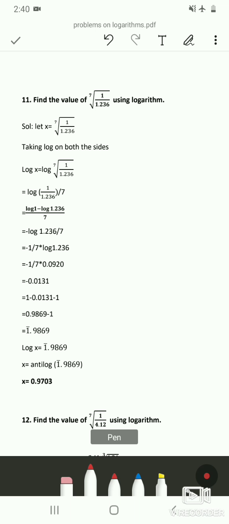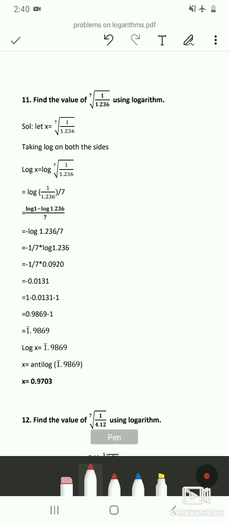So the log of 1.236 is, I hope now you guys are familiar with calculating the logarithm value, that is check in the logarithm table the value of 12 under 3 with mean difference 6. So you'll get it as 0.0920. So here the characteristic is 1 in this term.